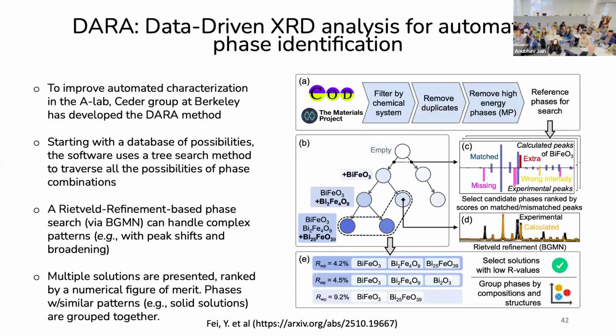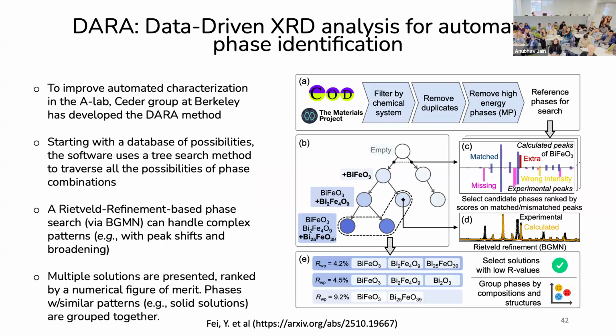To that end, we've been trying to develop better ways to do automated interpretation, in this case of powder X-ray diffraction patterns. One of the tools developed there is called DARA, again by Gerard Sater's group. Typical X-ray diffraction powder phase identification algorithms do a linear procedure to get you to the phase mixture based on the XRD pattern.